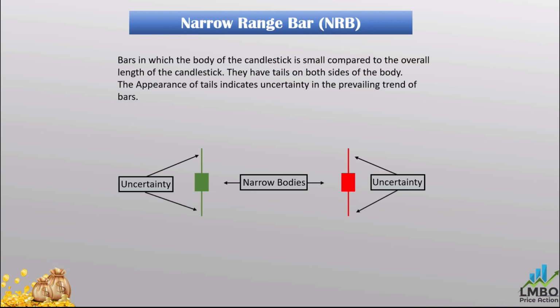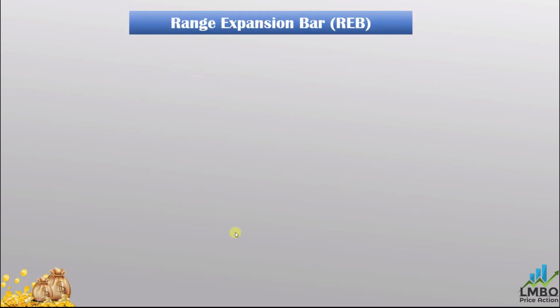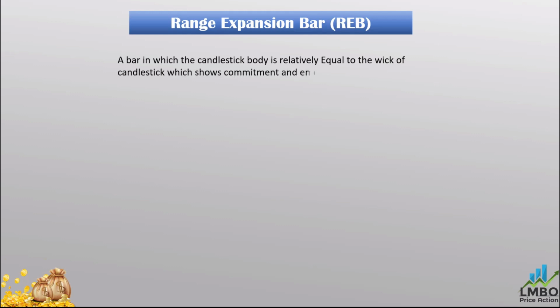After that there is another type of candle, so maybe you get confused with that candle. Let's understand the range expansion bar, REB. REB definition: a bar in which the candlestick body is relatively equal to the wick of the candlestick, which shows commitment and emotions, like that candle.